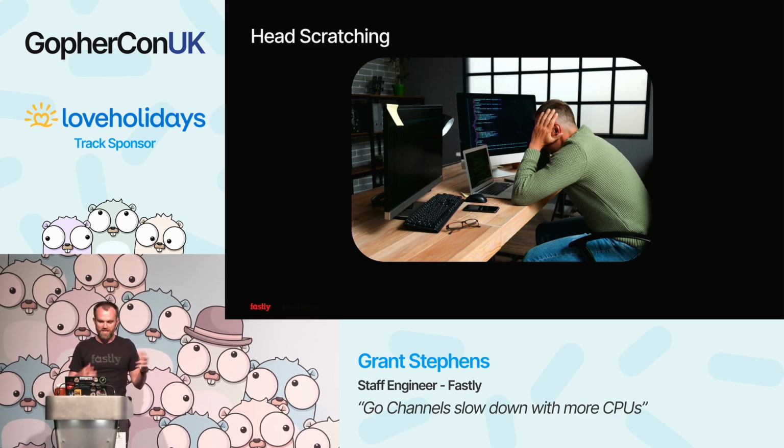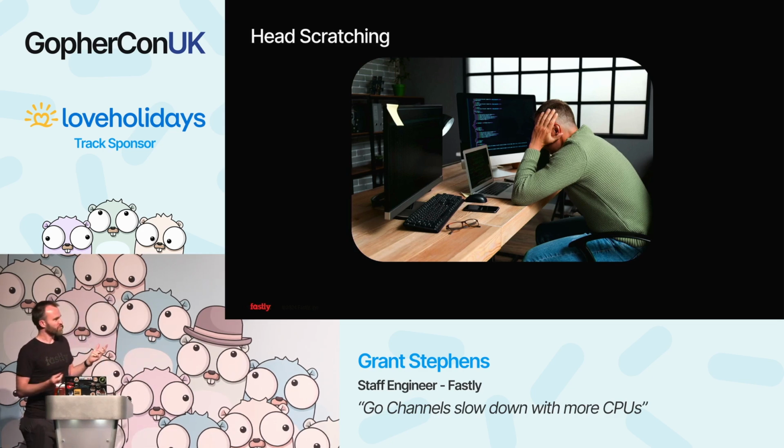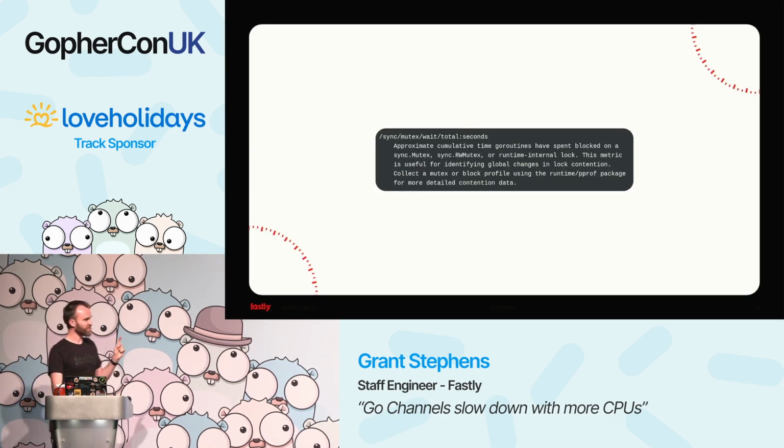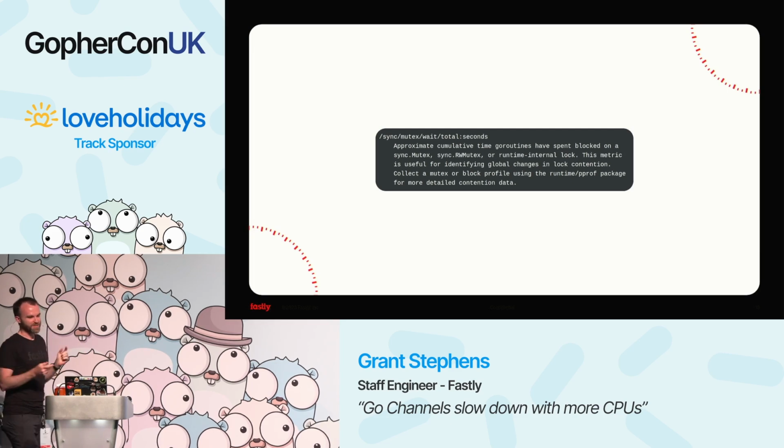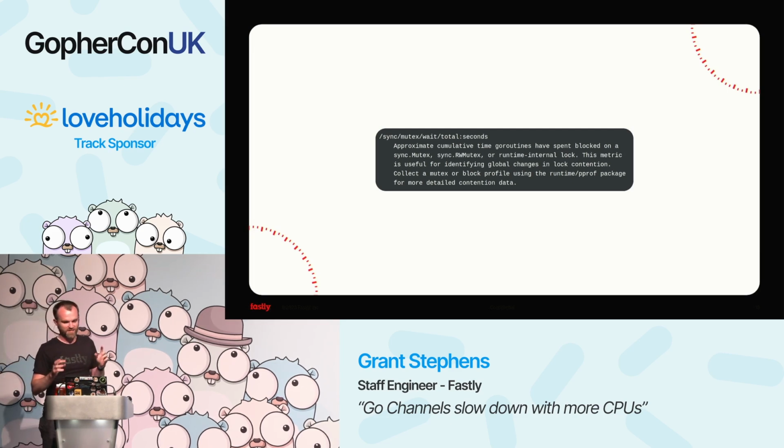So generally speaking, my next port of call when there's nothing in the logs and you've checked all the metrics is a bit more about metrics. Breaking news, as from the previous presentation with Bartek and Ariana, with all the metrics that you can get in Prometheus, there's now a new metric that's been added in 1.23 that will give you the wait times for mutex locks, and not just for mutexes that you write yourself, but mutexes in internal packages.